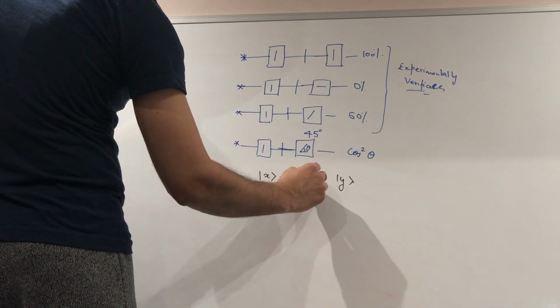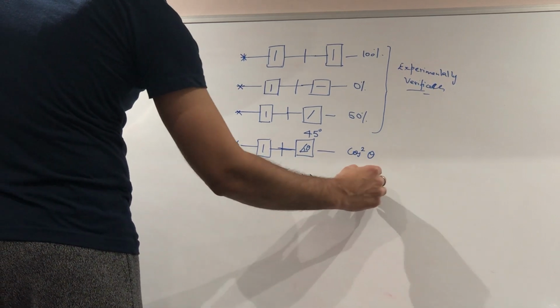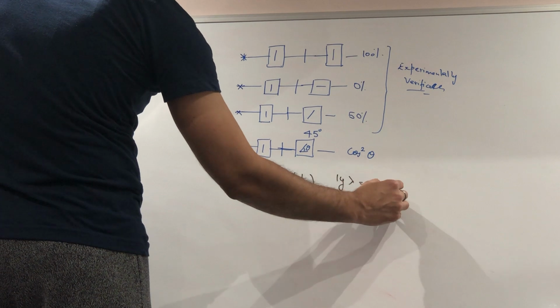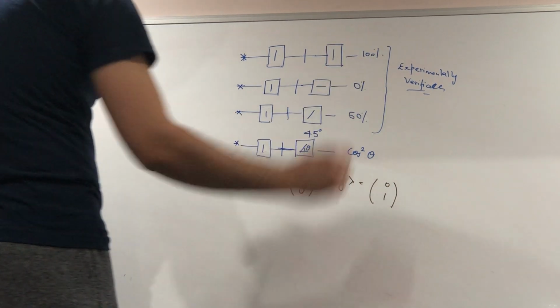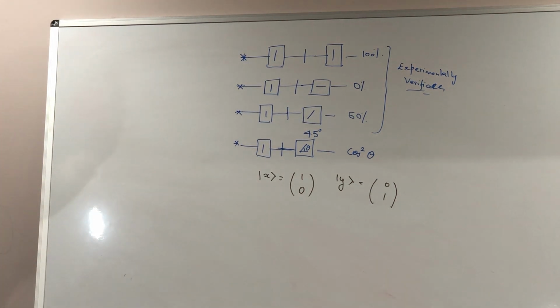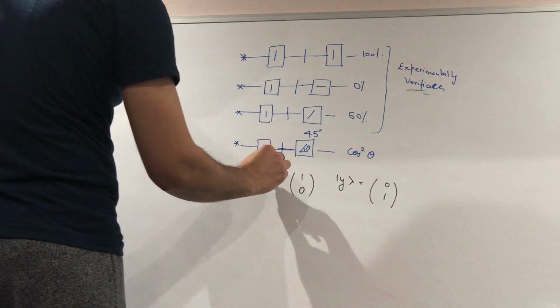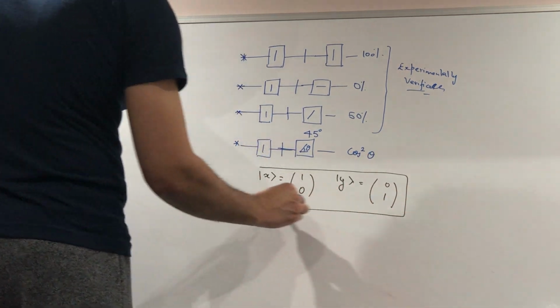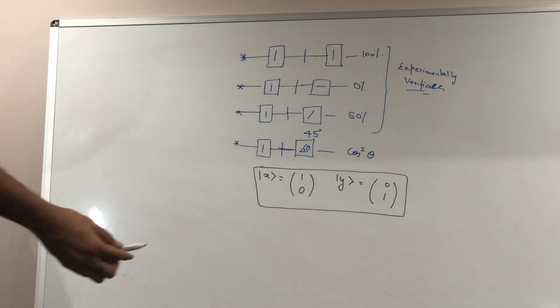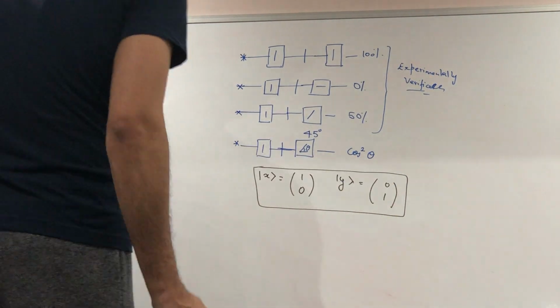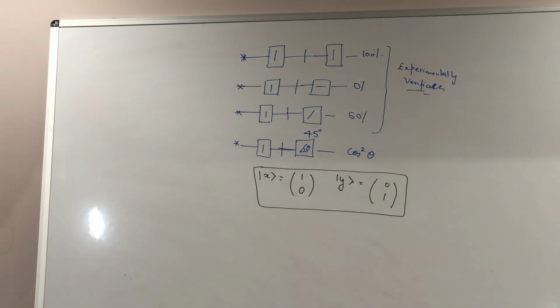So X will be 1 0 and Y ket will be 0 1. So this is how I represent the vertical and the horizontal states of the polarization of the photon, right? These are the ket vectors which we have to remember and use. I'll explain why we use 1 0 and 0 1 as the ket states, as the polarization states of the photon.